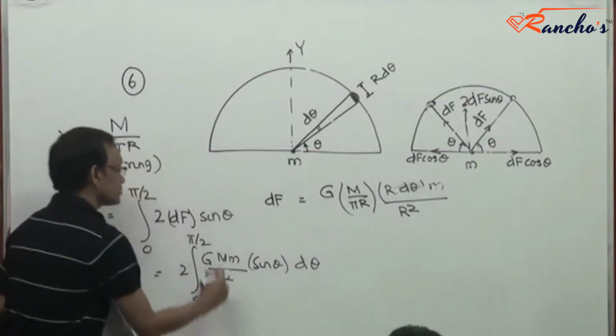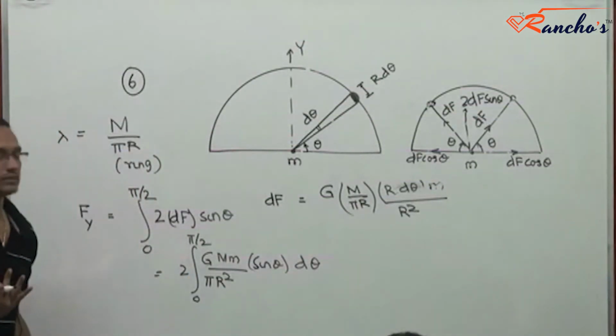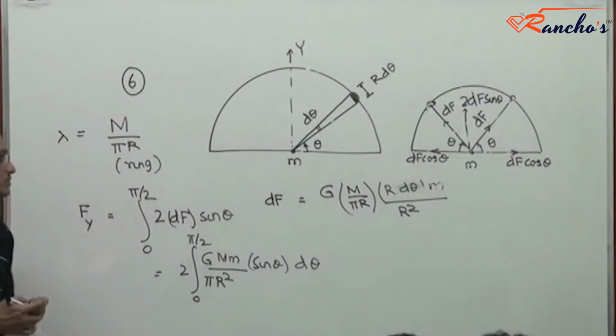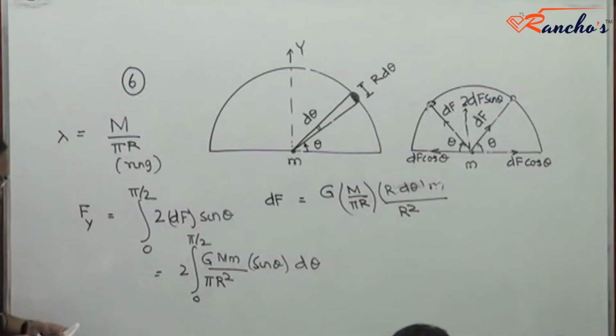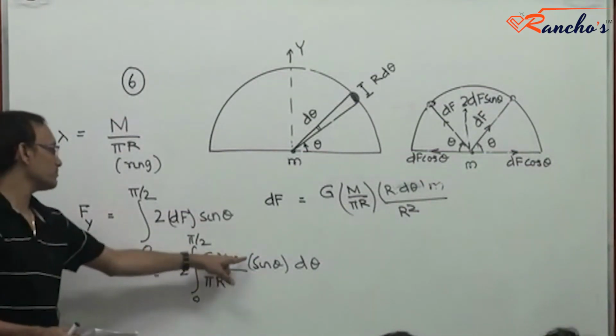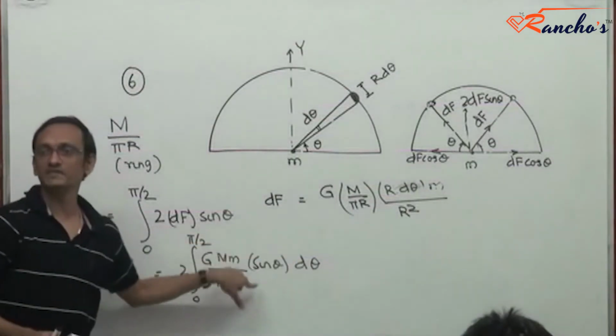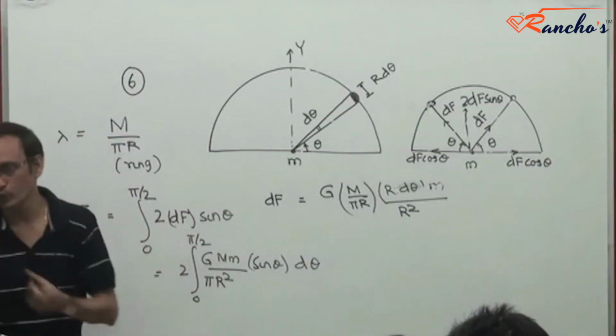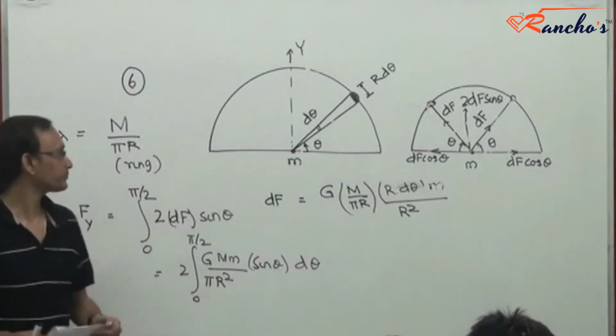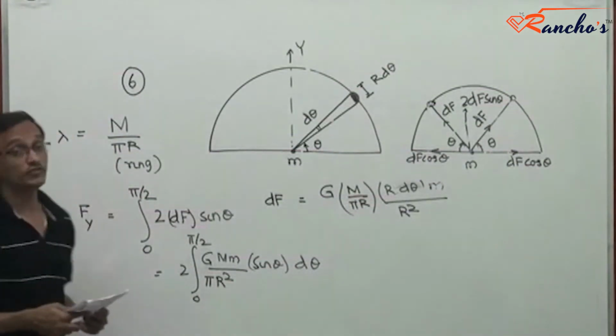Obviously, everything else comes out of the integral. So it is 2 G m m by pi r squared, and the integral of sin theta d theta from 0 to pi by 2 is going to be 1 anyway. Right? So that's as far as the force is concerned.